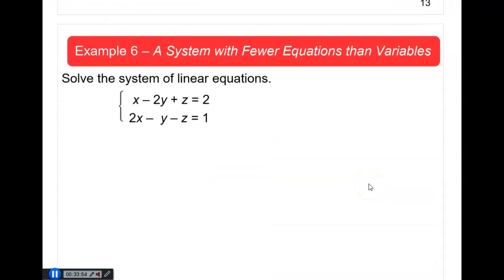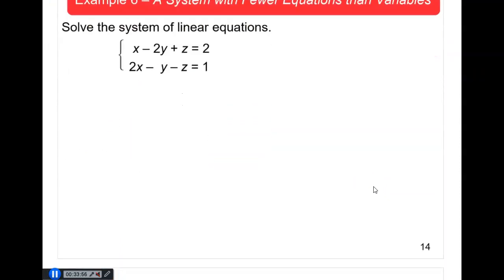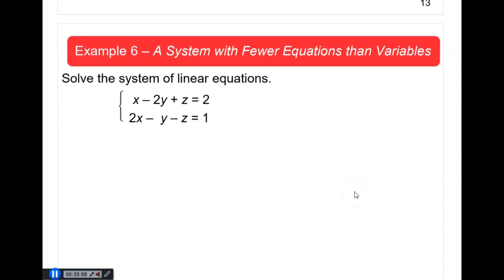So you can see here we have two equations. So this is a non-square, it's a rectangular, as you can see. Two equations, and we have 3 unknown variables.